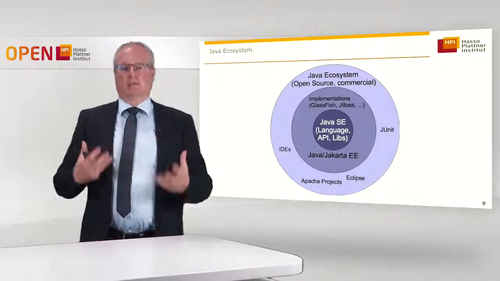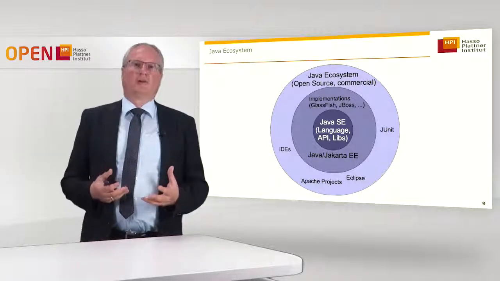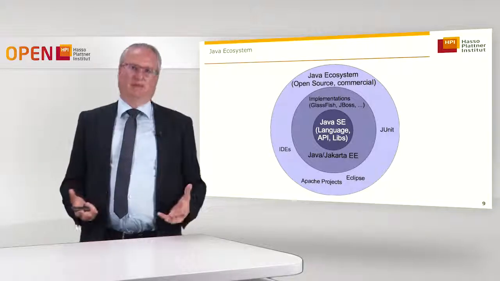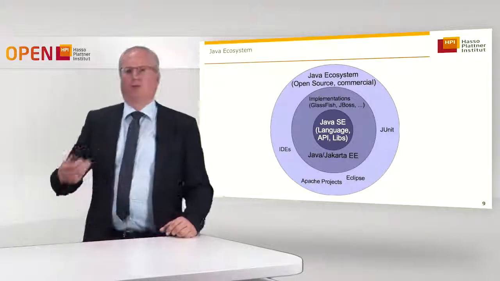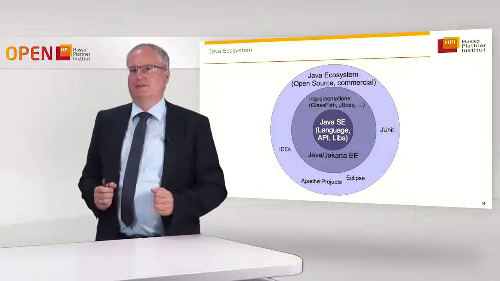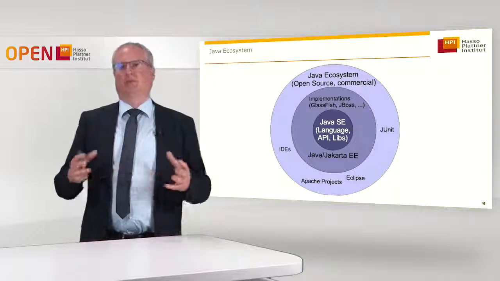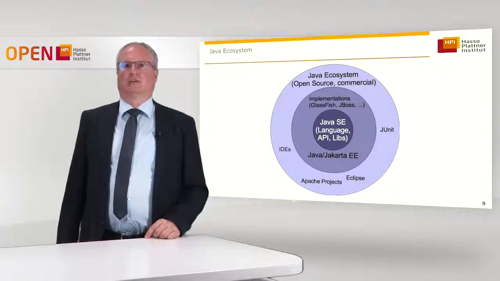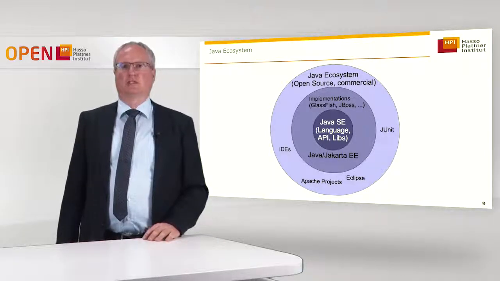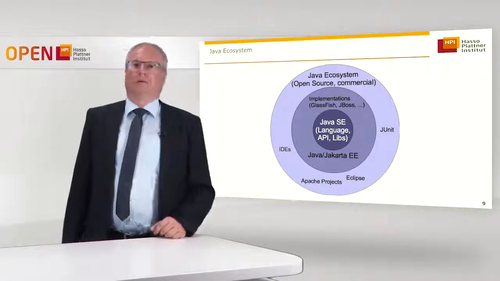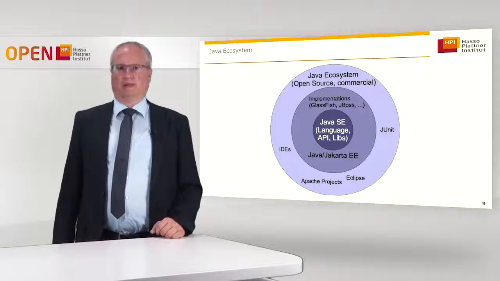So becoming a Java developer involves not only the knowledge of the language, but also the knowledge of the ecosystem around it. And in what follows, we will have a short view on Java, and we will later on have a view on Java or Jakarta EE as a platform for implementing transactional business applications, not only on the mainframe, but of course playing an important role on the mainframe.